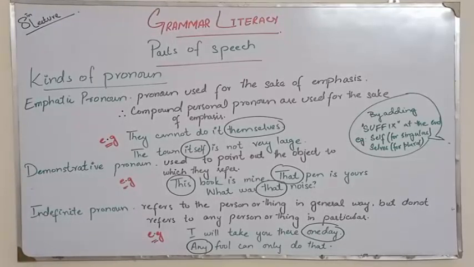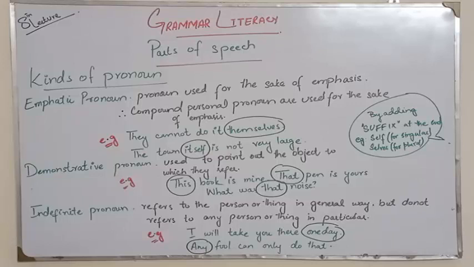Like, have you heard that sound? So somebody is specifically asking about that noise, or pointing out that noise that has happened earlier. So this is called the demonstrative pronoun. Here this and that are called the demonstrative pronouns.